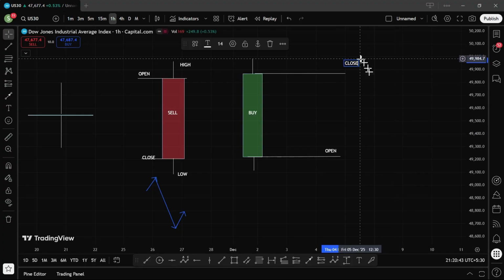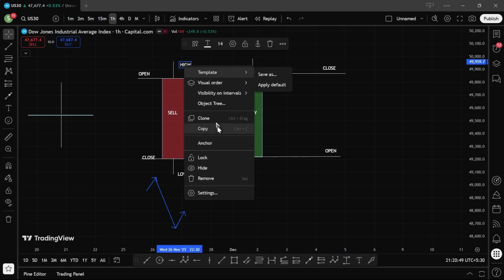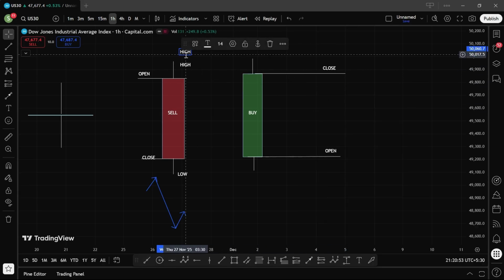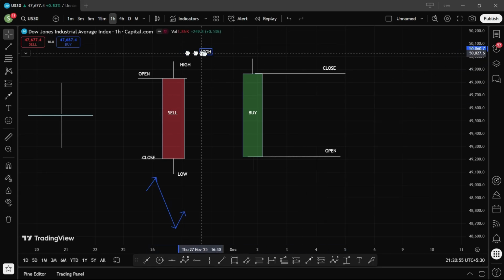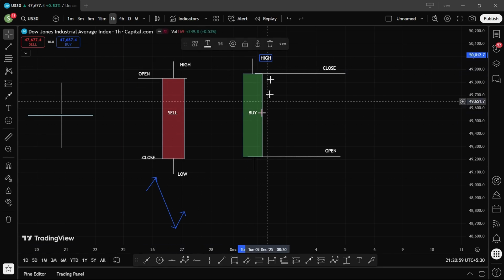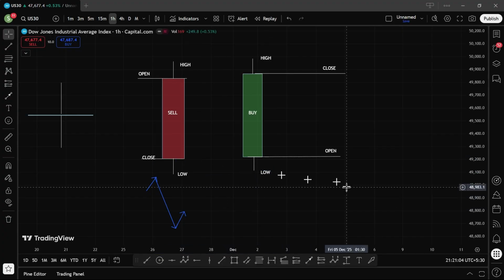But do you think that is all that happened? That's not right. The price made highs and lows, so we need to consider them as well. The high for this candle is here, the low for this candle is here.